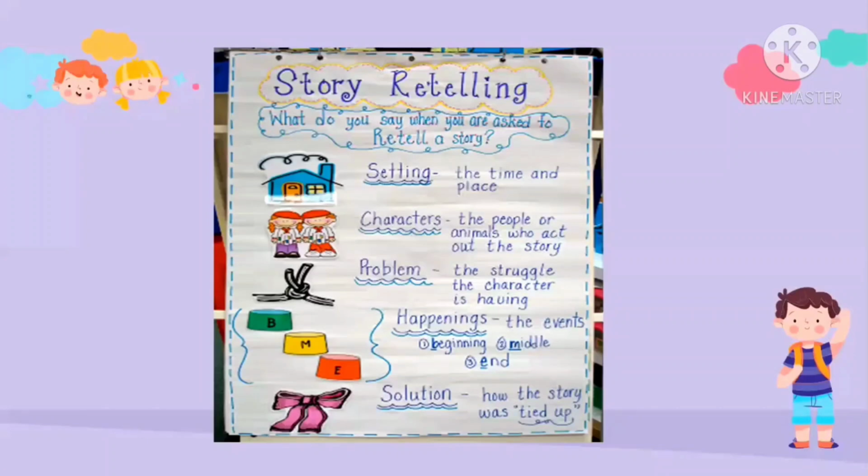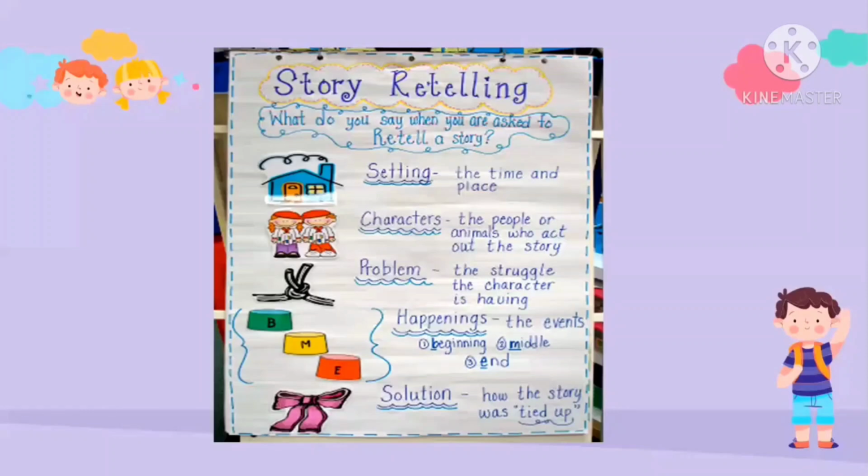What is the problem in the story? Of course, in the story there will be a problem, right? And then the events. So you are going to tell the beginning of the story, and then the middle of the story, and the end of the story. And don't forget, you also need to tell the solutions to the problem that you have in the story.